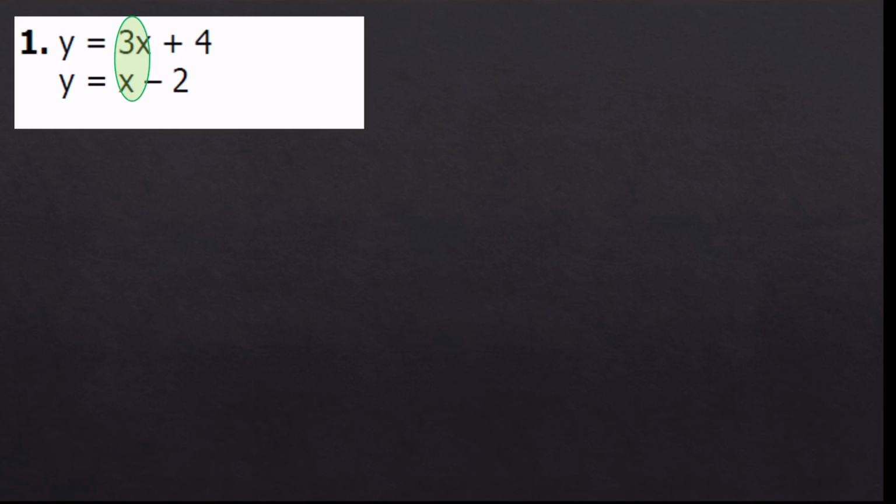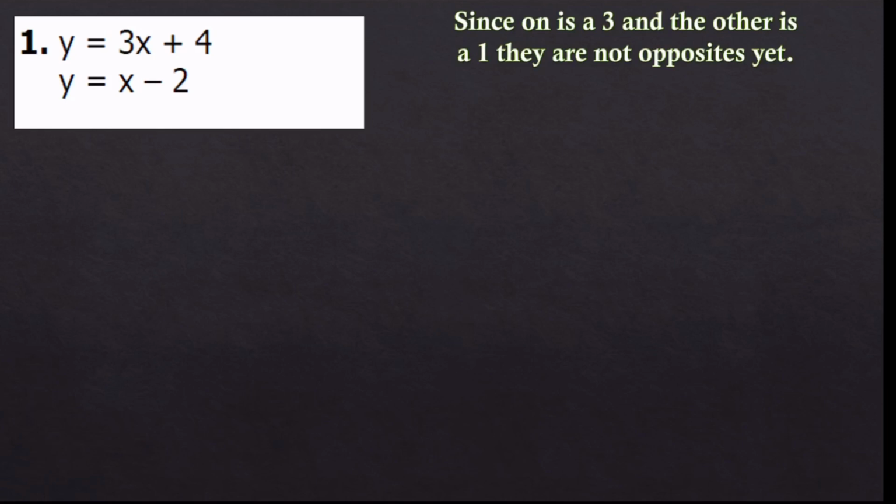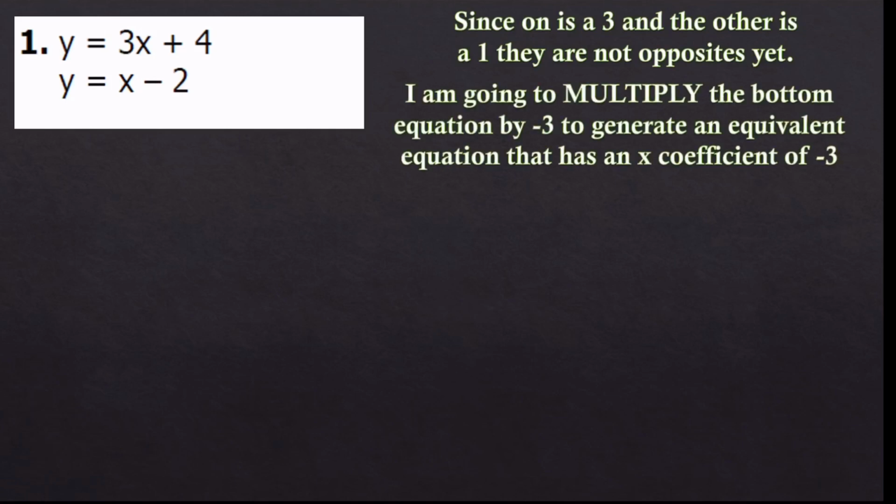That's just my choice. So since the first equation has 3 and the other one has 1 as coefficients, they are not opposite yet. Okay, they're not the same. I'm going to multiply the bottom equation by negative 3. Why negative 3?